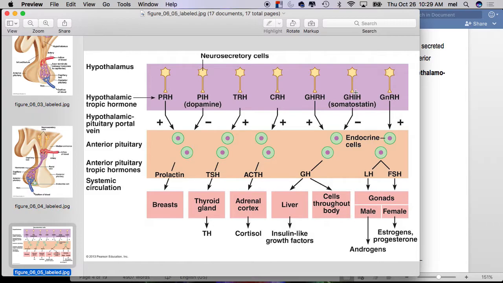Where is it headed? Anterior pituitary, because everything is headed to the anterior pituitary. The name is telling you what it does. It inhibits the release of growth hormone from the anterior pituitary. Got it? Okay, not do you like it, but did you understand it?